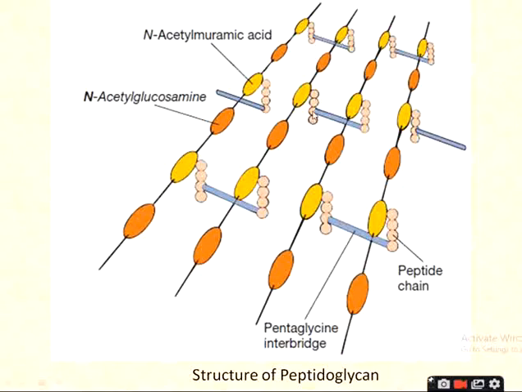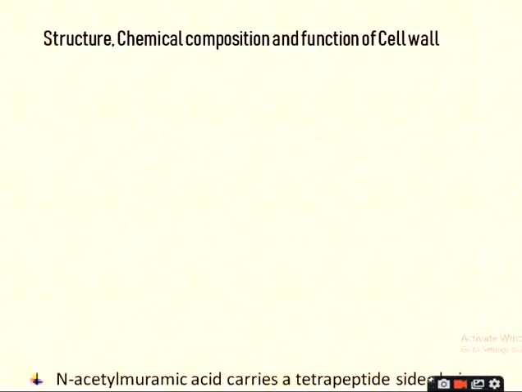Now here is another interbridge which will hold the third chain, and another pentaglycine interbridge will hold the fourth chain. In this way the structure of peptidoglycan is formed, one of the most important chemical substances present in the cell wall.